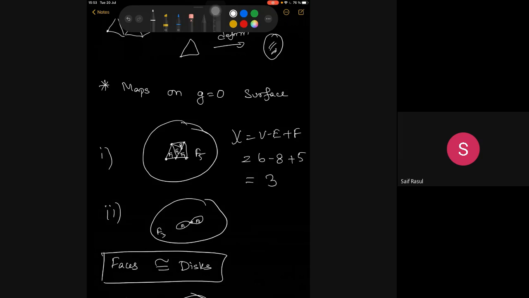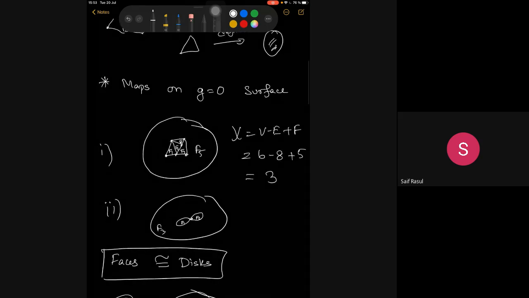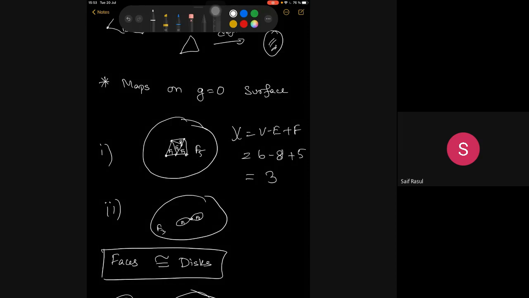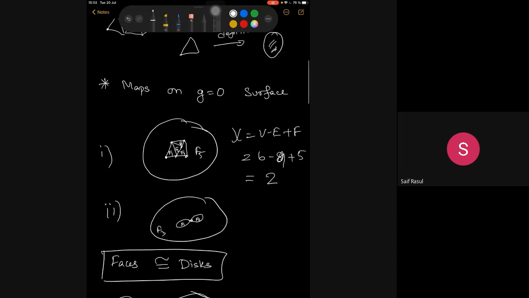Why am I getting this? 5 should be vertices, 6 faces. You have 9 edges, I think. Yes, I have 9 edges. So the Euler characteristic for genus 0 is 2 for this map.